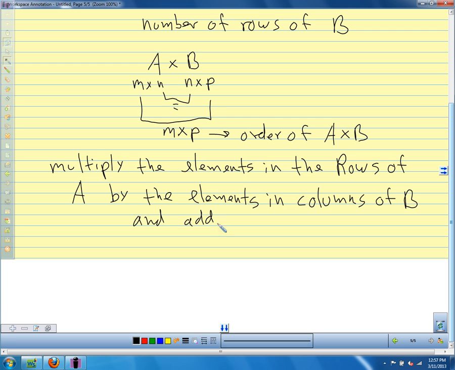And I'm going to do a few examples. It's less complicated than it seems, but this is how we think of it. I think of it as multiplying the rows by the columns. So we're multiplying the rows of the first matrix by the columns of the second matrix.